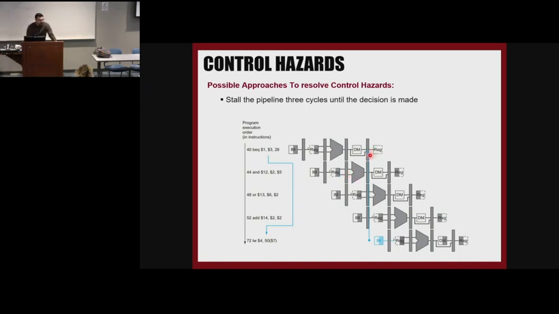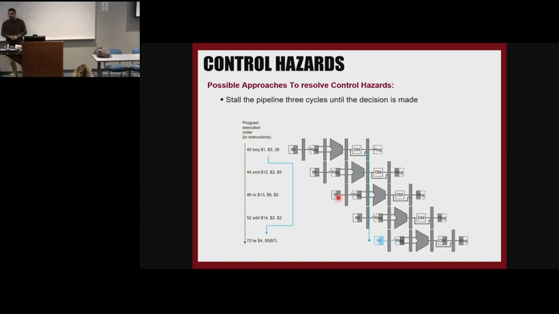But when we are here, we have already fetched 3 instructions, right? We have already fetched AND, OR, and ADD because that's how the pipeline works. So what it means is that I have to go back somehow, find a way to go back, flush the pipeline, a very expensive process.